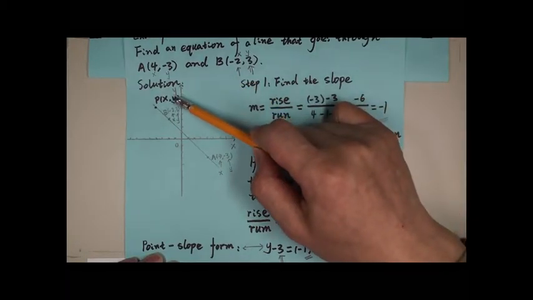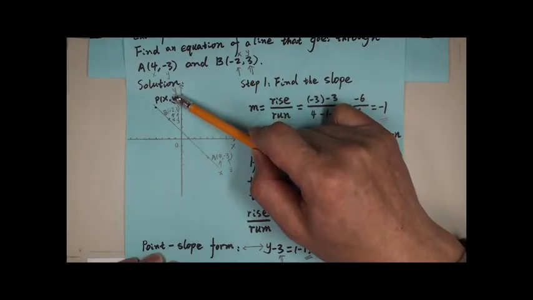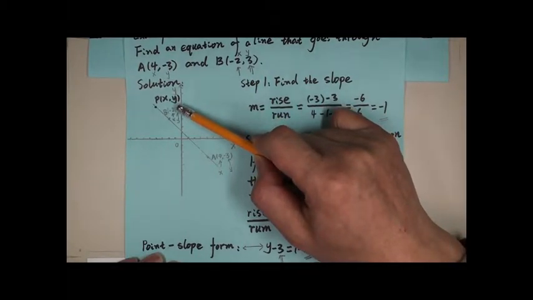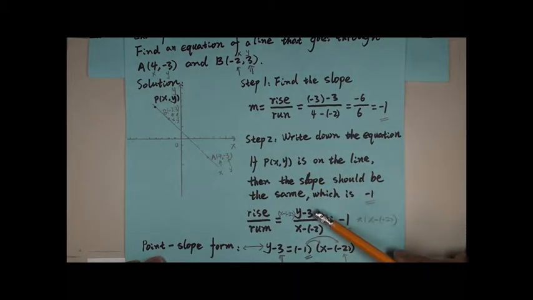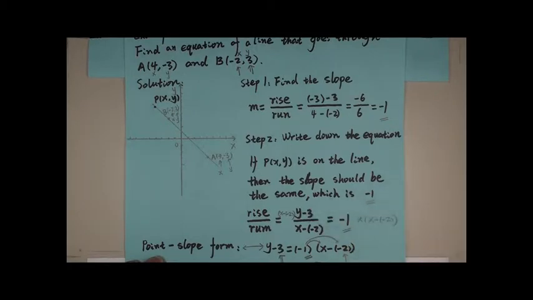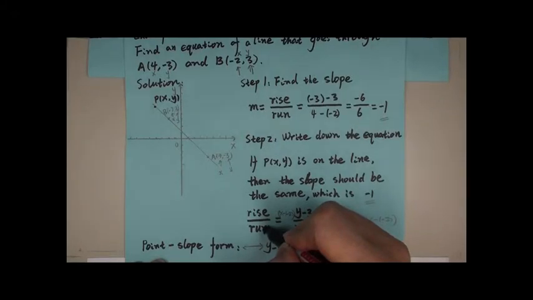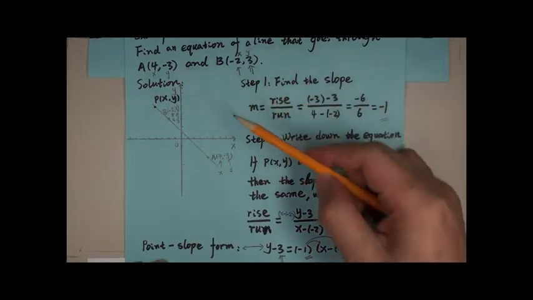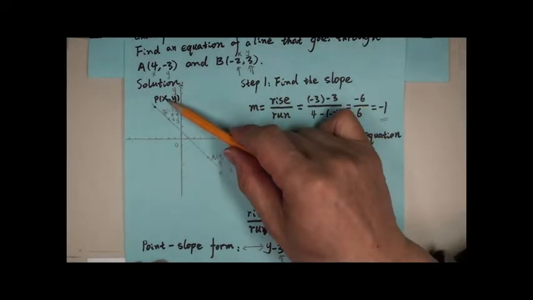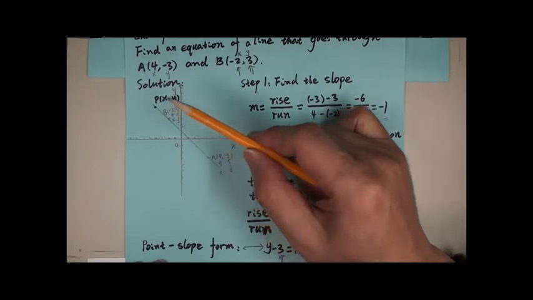The slope is again the rise over run. That's the difference between y and 3. Y minus 3 is the rise, because that's the vertical difference. Over run, that will be x minus -2.